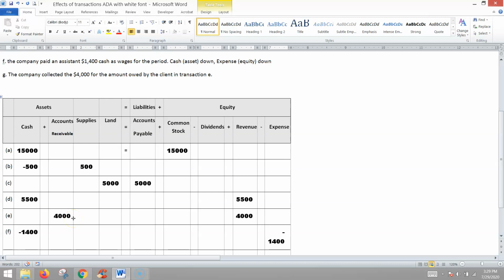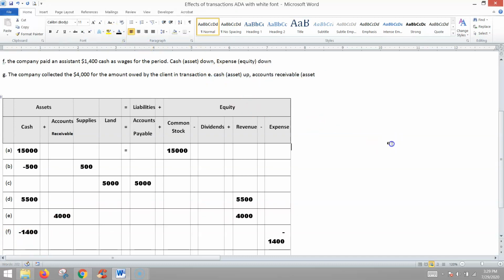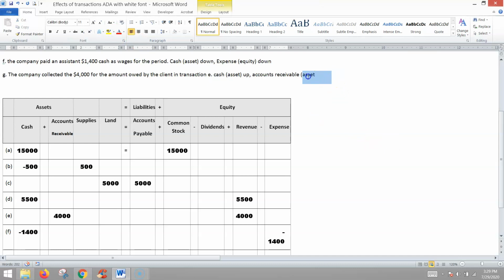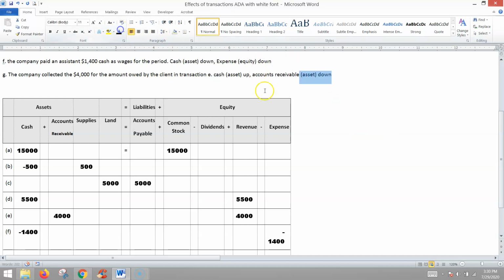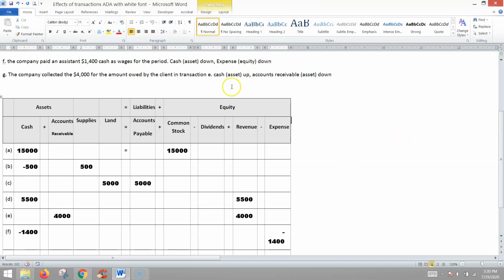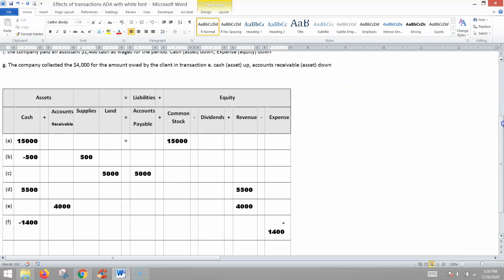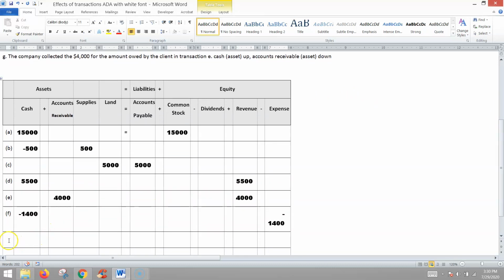So in G, all we're doing is showing that they're paying us cash, so our cash will increase, and we are decreasing the accounts receivable. Two assets. Cash is going up, accounts receivable is going down. It's going down because since they've paid us the cash, they no longer owe us.